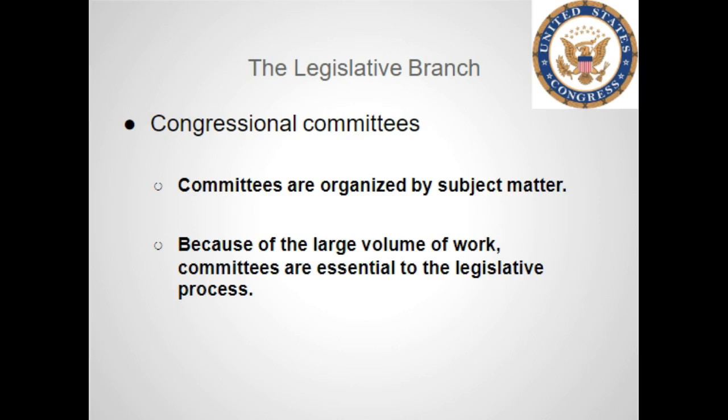There are all kinds of bills that are introduced, and there's oversight, where Congress oversees the executive branch, checks on them, and holds hearings to see how they're doing. Again, it's all divided up by subject matter, and you don't sit on every committee. You sit on several in the House and a few in the Senate, because it's easier to organize it like that.